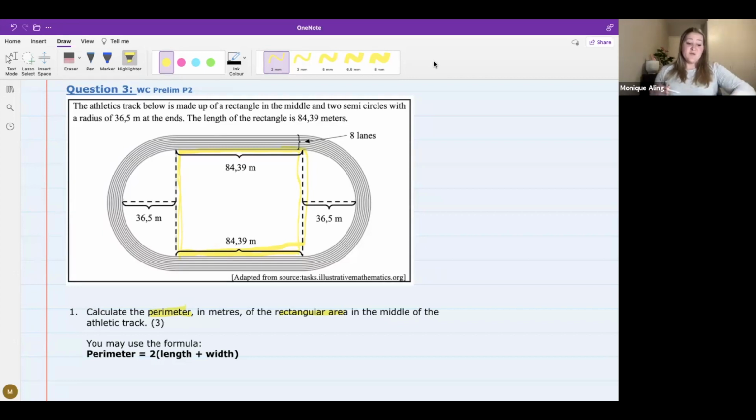So in order to work out the perimeter, we need to know the distance or the value of each side. We know the length. Oh, Koketso, do you want to let us know how you did that? You got it absolutely right. Is there any chance you're willing to tell us over the mic how you did that?